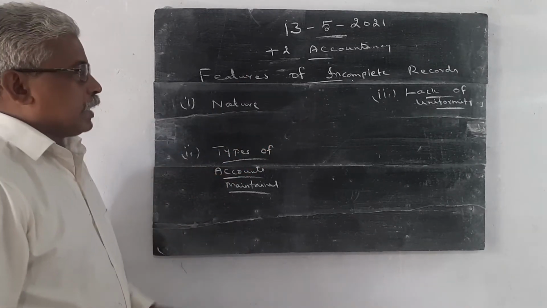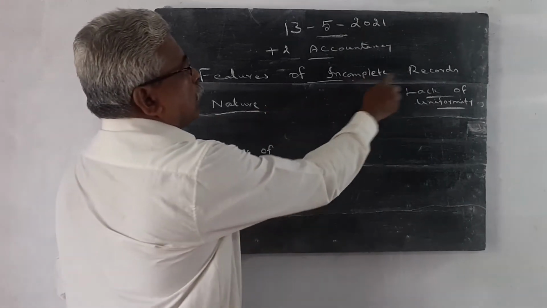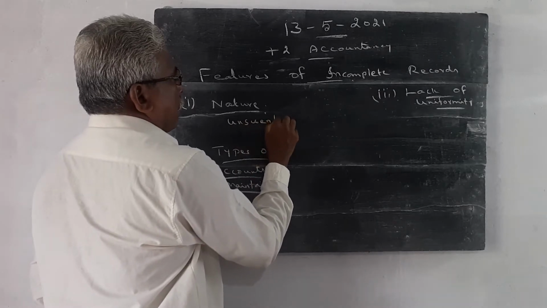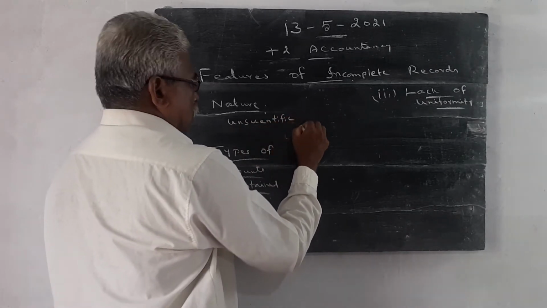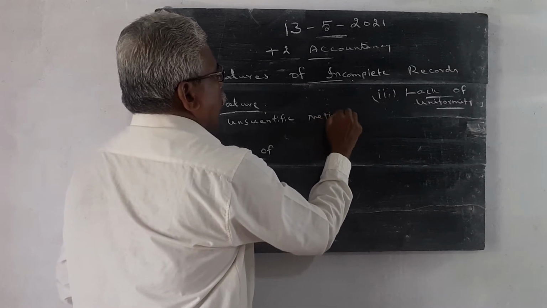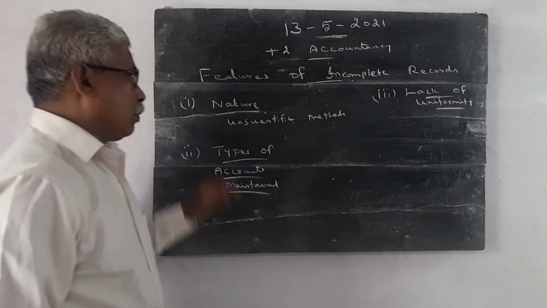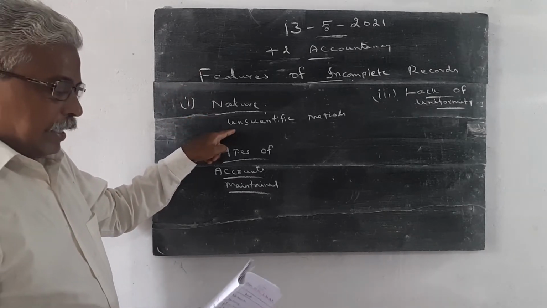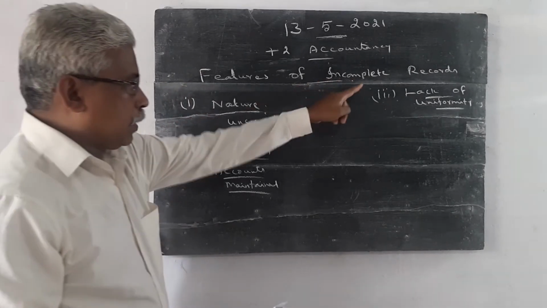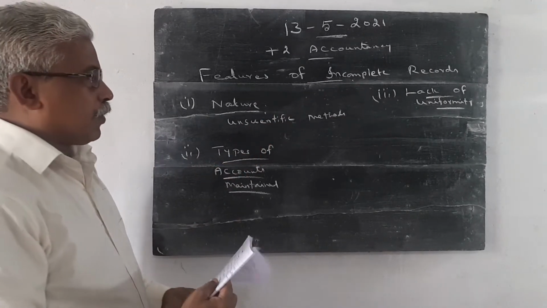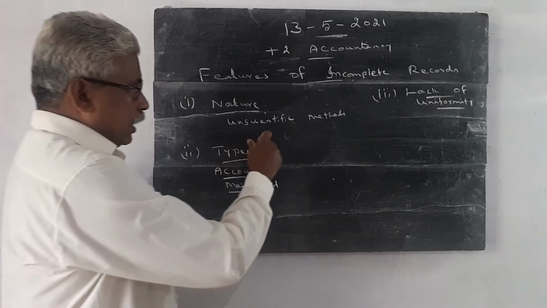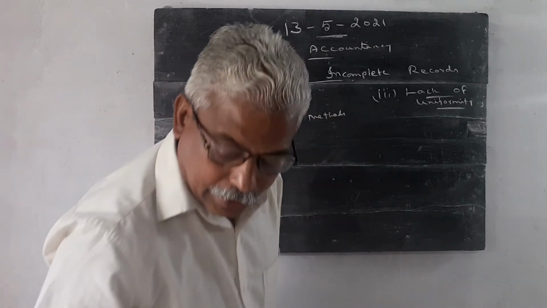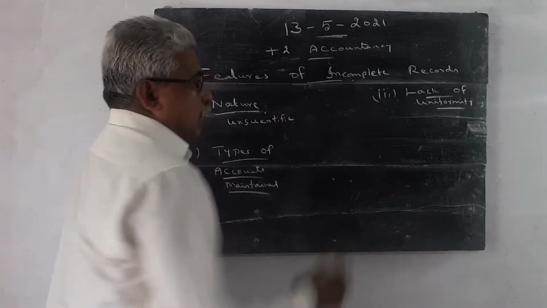Nature. Incomplete record is an unscientific method of writing accounts. Point number 1, nature. You write the heading and the explanation. It means the incomplete records are an unscientific way of recording transactions.